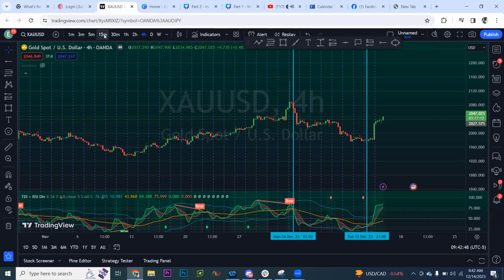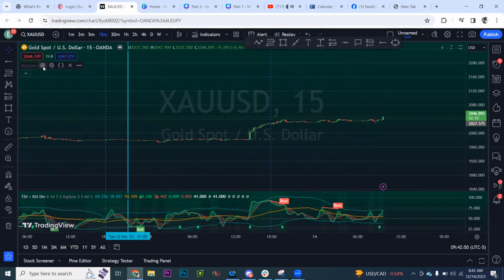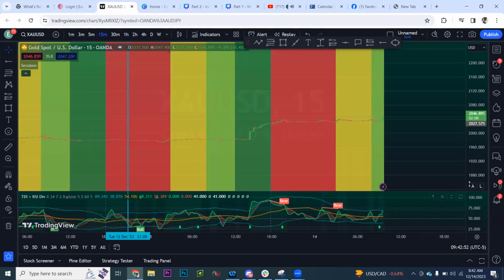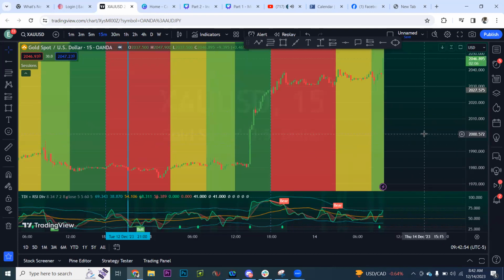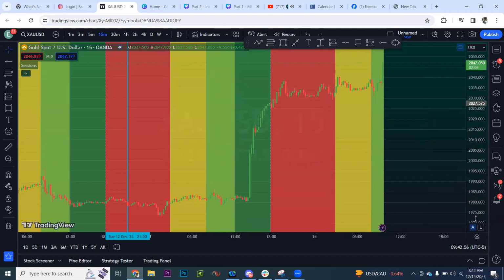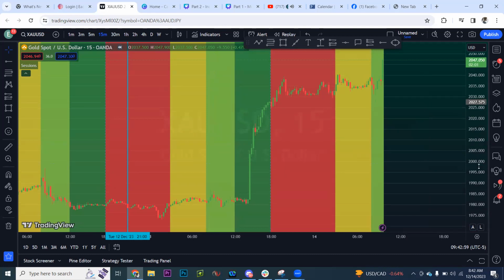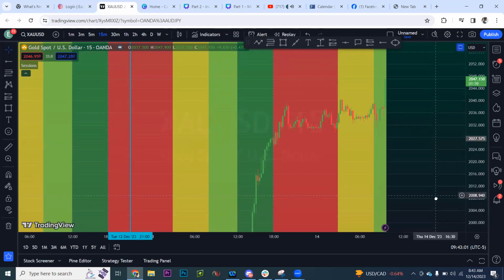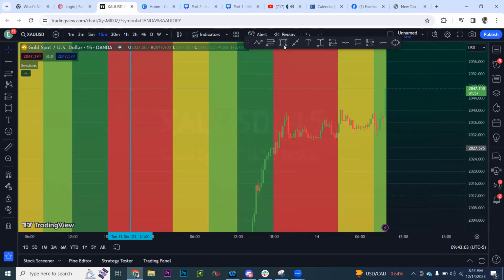So looking at gold, same way. Mark these zones, highest and lowest point between red and yellow. This is the lowest point here.